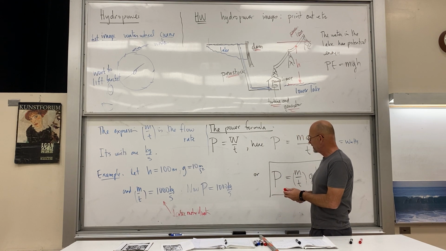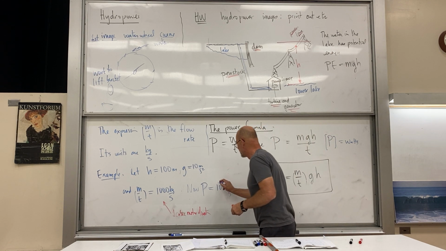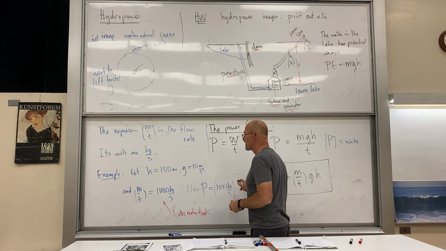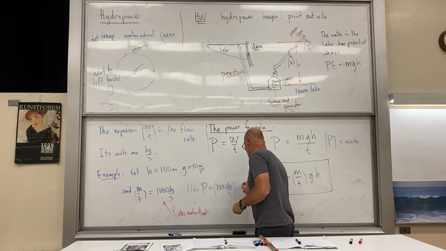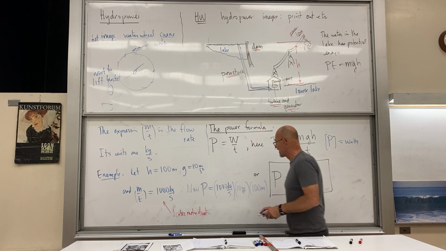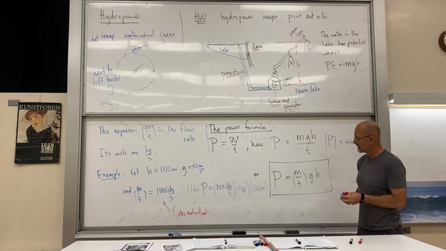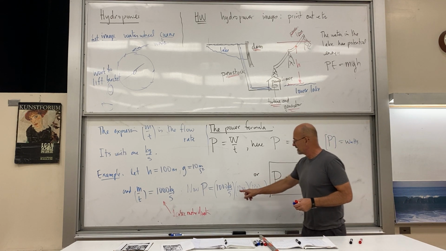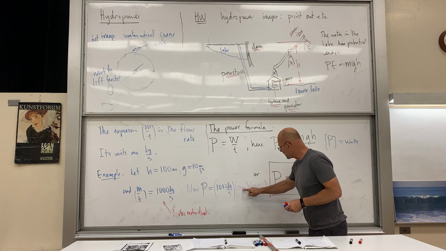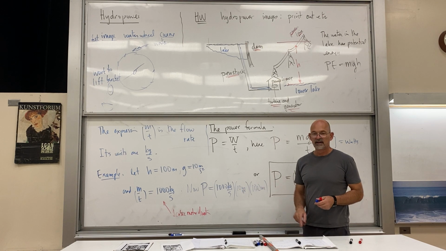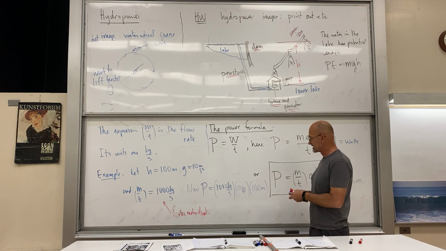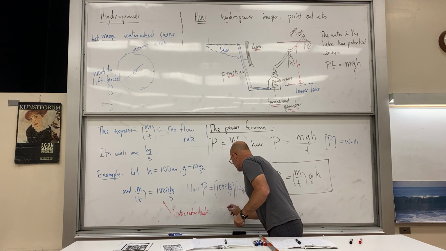Then g is 10 meters per second squared, and h is 100 meters. So what do we get here? 10 to the 3, 4, 5, 6. We get 10 to the 6 watts.